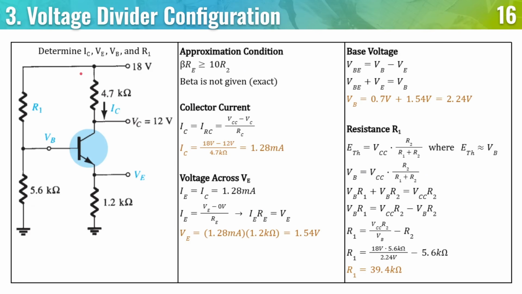Again, for the voltage divider specifically, we have the same current. So IC is equal to IE. That's why you can substitute 1.28 here. 1.28 milliamps times 1.2 kilo ohms will tell us the voltage across this region. And since this is 0, then automatically whatever we solve here will also be the VE.